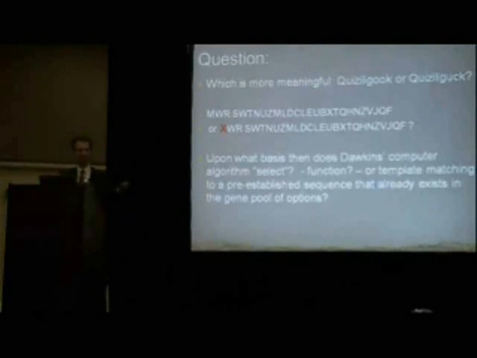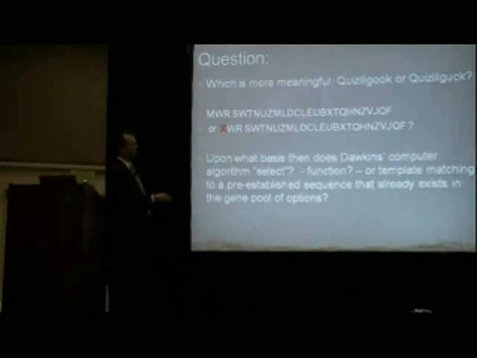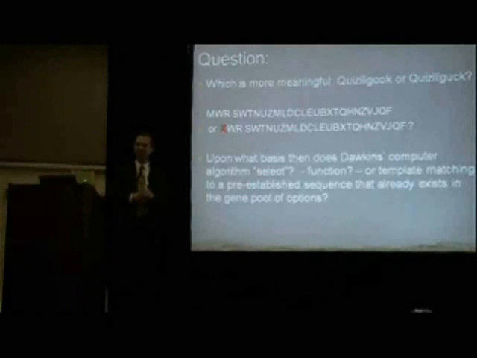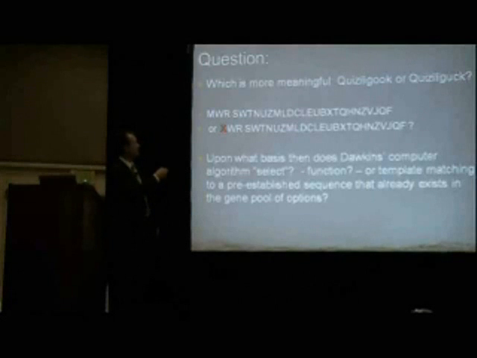Question. Which is more meaningful, "quizly-gook" or "quizly-gut" in the English language system? Neither one, right? So if you start with blah blah blah, and you go to blah blah blah, which does nature select? Which is more meaningful? And it doesn't matter. If you add another character that matches "me," let's just say M-E, does that solve the meaningfulness?